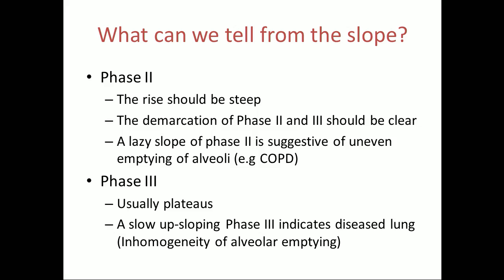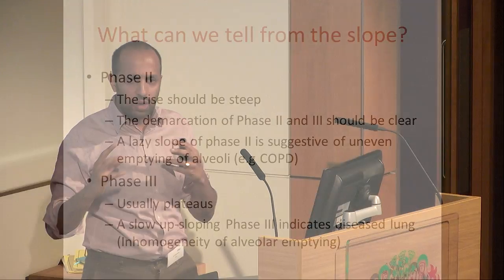However, as soon as you develop inhomogeneity in your lung emptying, if you're seeing a huge VQ scatter in intra-alveoli, or there is variance in time constants, you'll start to witness that your phase 2 becomes lazy, and the gradient of your slope of phase 3 starts to increase. And all these are features of lung injury or ARDS.